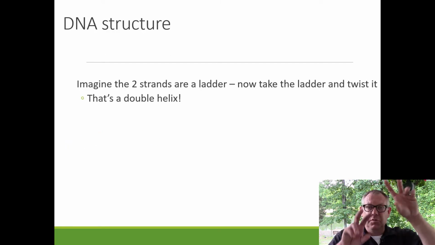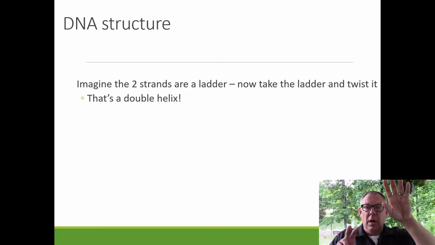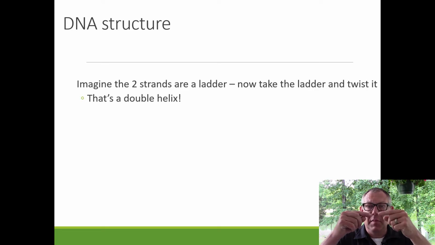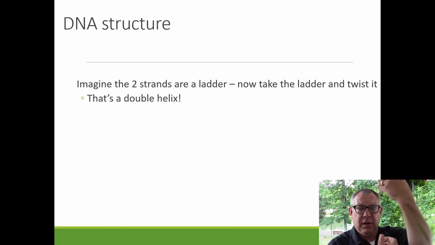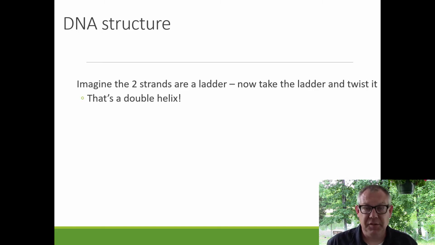So you always have these 2 strands, and you've got the nitrogenous bases in the middle. Imagine a ladder, and if you grab it at the top and bottom and twist it, that's a double helix. That's the overall structure of DNA.